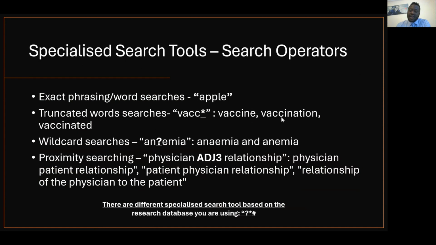So it's not going to count words like there or of or in. So if you use physicians ADJ3 relationship, you will get phrases like physician-patient relationship, patient-physician relationship, or relationship of the physicians to the patients, because again, it's not counting the words of, there, or to.